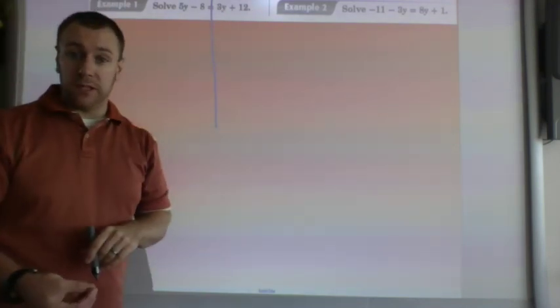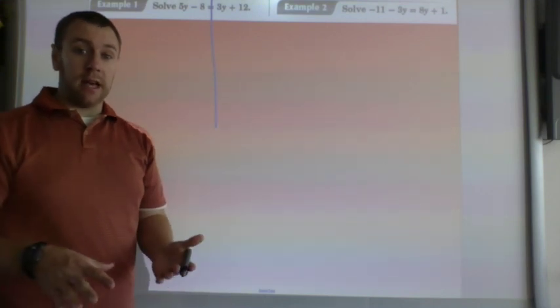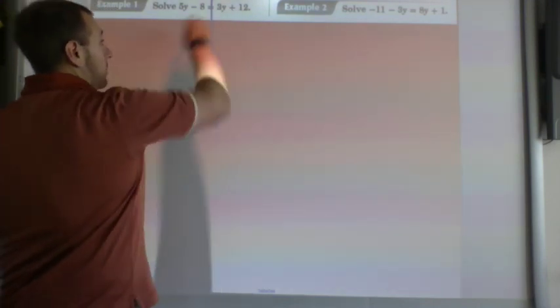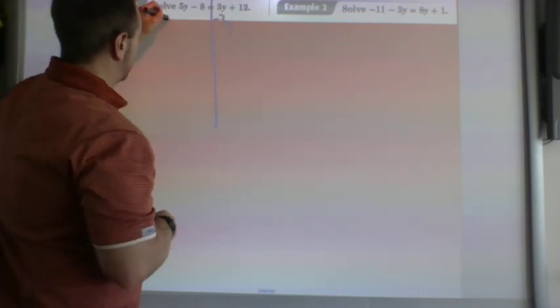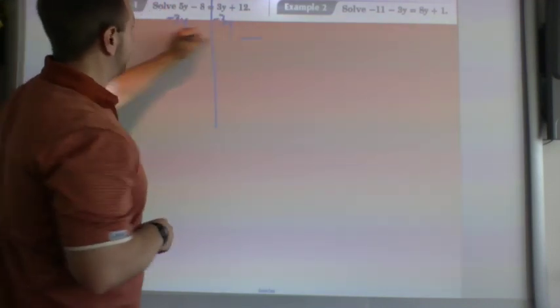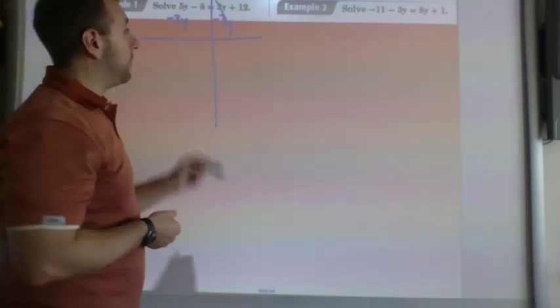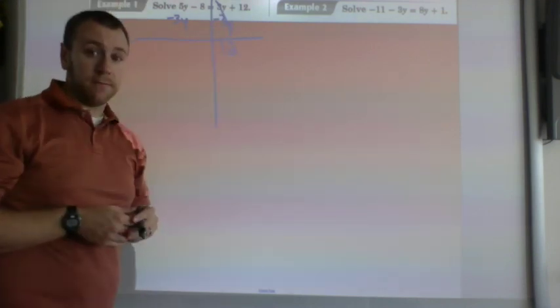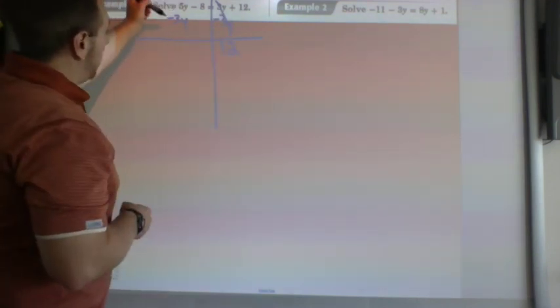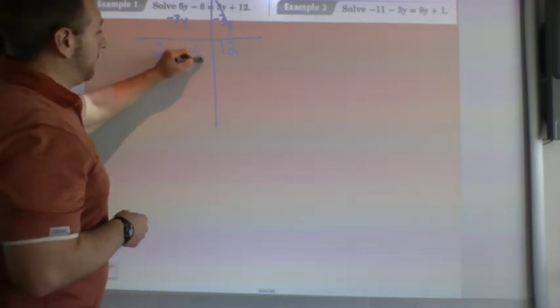To move something, I'm going to either add or subtract, depending on the side. This 3y is positive, so I'm going to subtract 3y from both sides. 3y minus 3y cancels out. So the only thing I'm left with is this 12 on this side. 5y minus 3y is 2y minus 8.